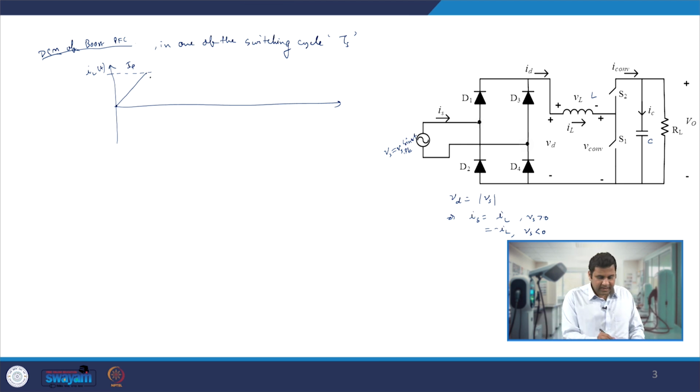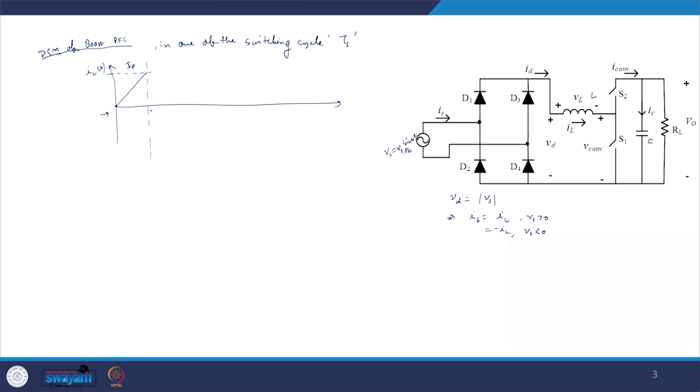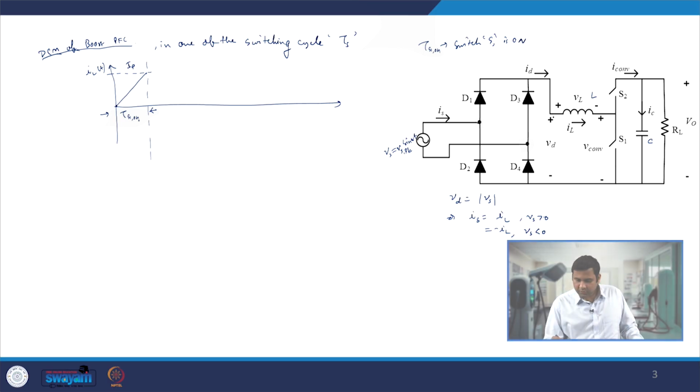Let us define this point as TS1 on, where switch S1 is on, because whenever S1 is on, you are directly applying Vs across the inductor, and you will have a positive slope.